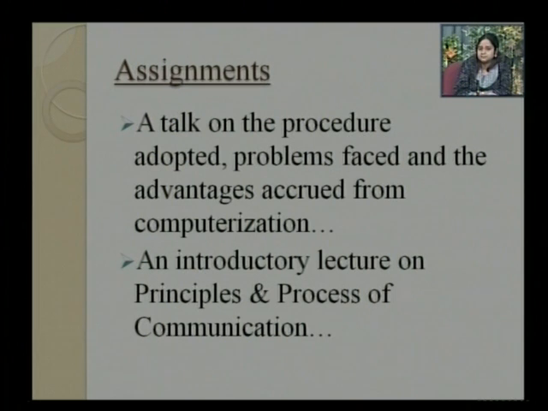What points would you write down on the boards, and how would you use the whiteboards available to you for your lecture on principles and process of communication? These are the two assignments for the learners watching me here, and you can pick either of the two and prepare it.